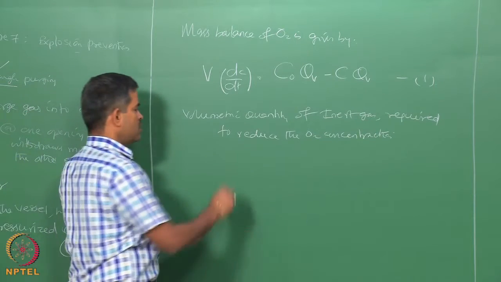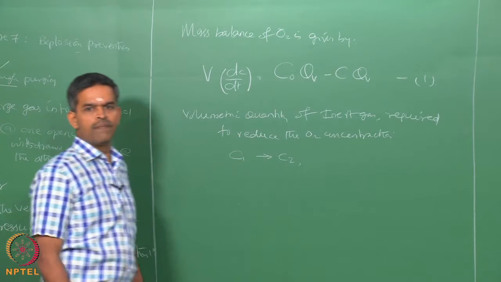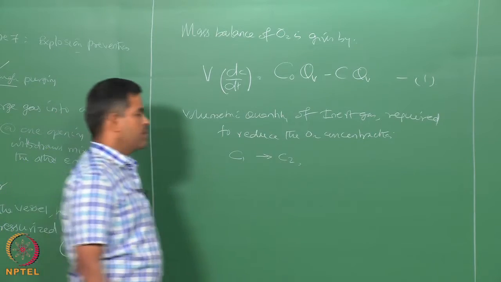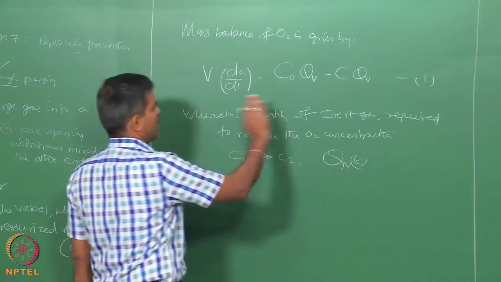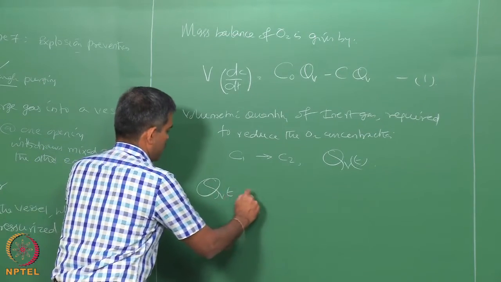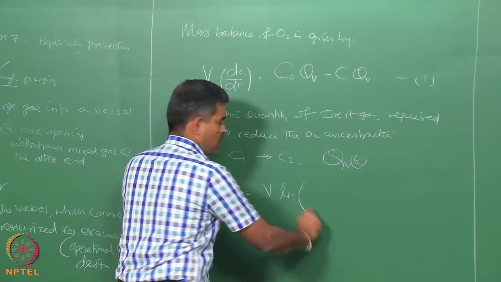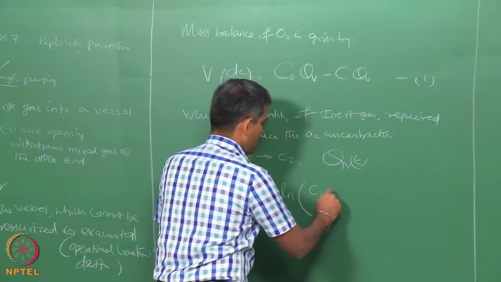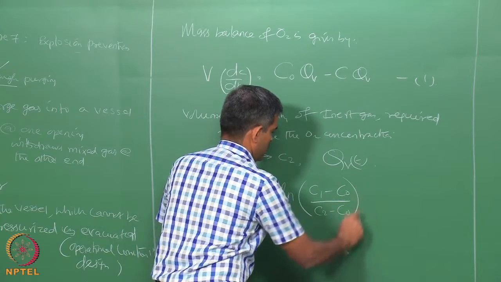Okay. So, the concentration initially is C1, you want to reduce it to C2, let us say, which is given by QV of T, which we get as equation number 1. Okay. So, therefore, QV of T is then given by V of natural logarithm of C1 minus C naught by C2 minus C naught.